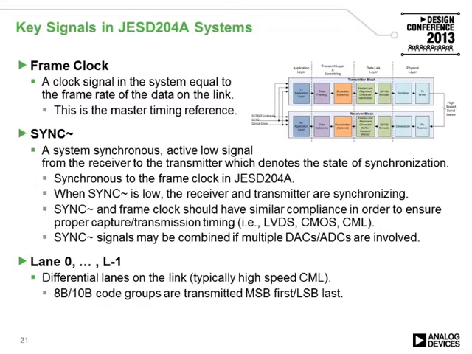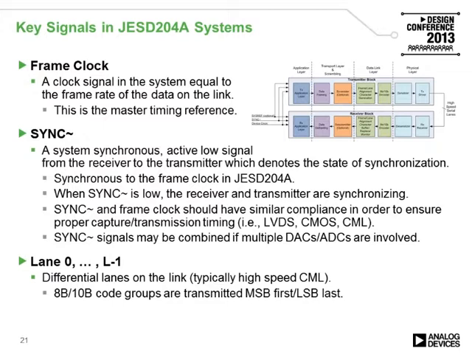Let's move on now to discuss some key signals in JESD204A systems, as this is the most prevalent version in use. The frame clock in JESD204A is a clock signal used in the system that is equal to the frame rate of the data on the link. The frame clock serves as the master timing reference.